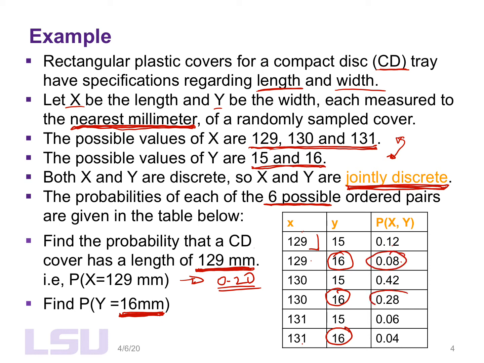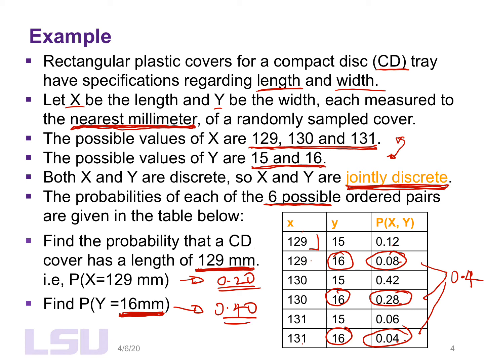What's 0.08 plus 0.28? That's 0.36. Add 0.36 to 0.04. It's going to be 0.4. So 40% is the answer to that.